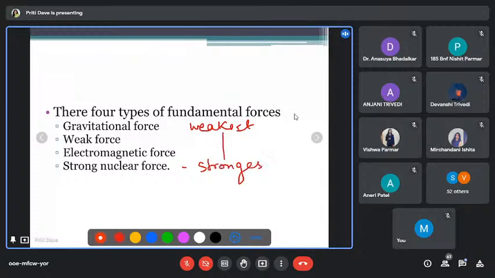So from weakest to strongest is like this. From strongest to weakest, you go in this direction. All right. The nuclear force, or the strong force, is the strongest, whereas the gravitational force is the weakest force existing in the universe. And these are known as the four basic fundamental forces. All right. So this is just an idea of where we stand with respect to gravity.